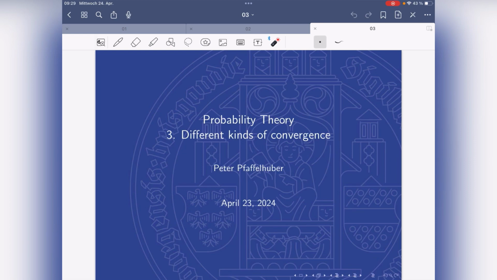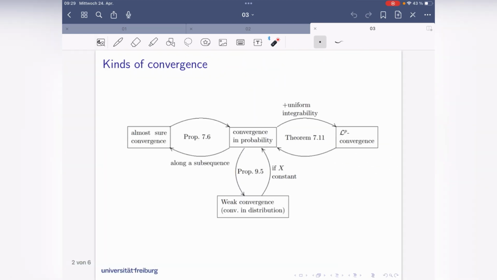So let's start with the different kinds of convergence. And this is the overview. We'll cover this in the next videos. You see here that there are 1, 2, 3, 4 boxes which stand for 4 different kinds of convergence.